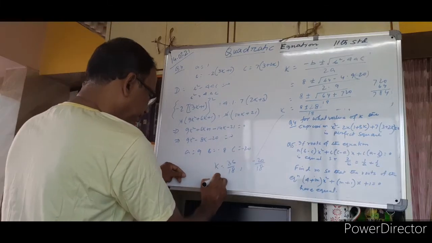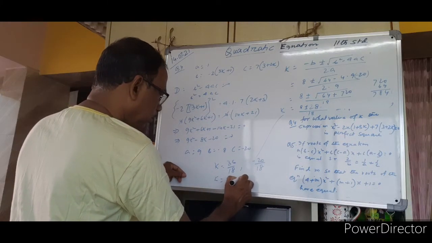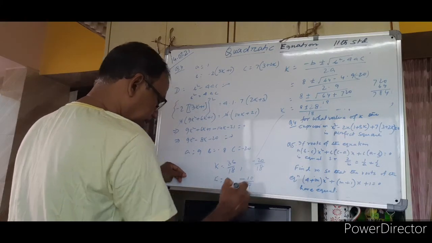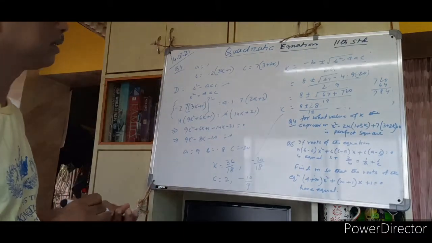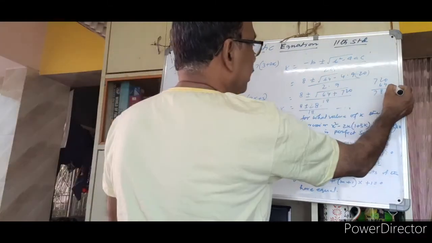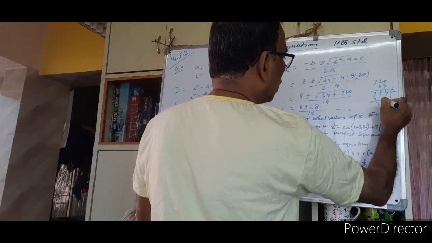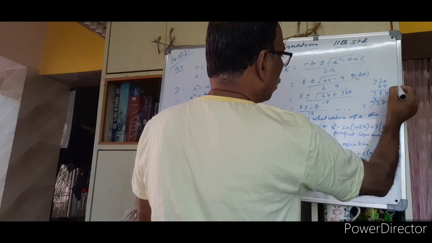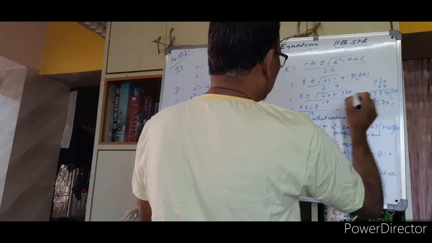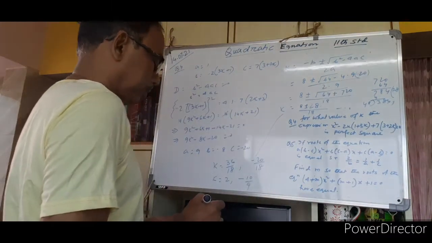That is their value, 2 and minus 10 by 9. That is a quadratic. Here 784 square root 2 to the 4. 28 is the square root of this.